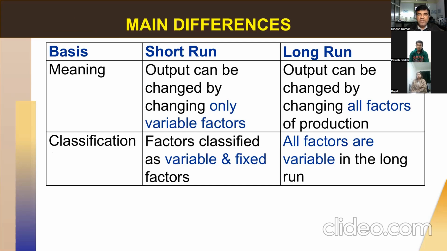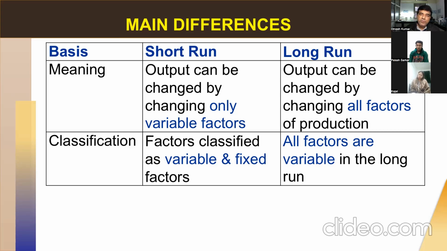Now see more clarification on short run and long run. In the short run, output can be changed by changing only variable factors. Means output can be decreased or increased by changing only variable factors. In the long run, both factors can be changed, whether variable factors or fixed factors. All factors can be changed. So a period when a farmer is able to change all his factors will be called the long run.